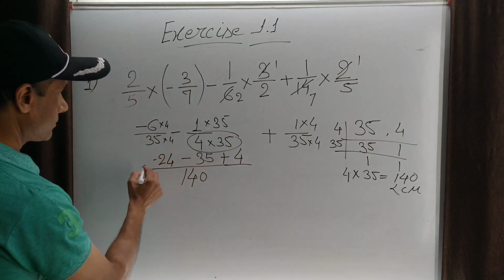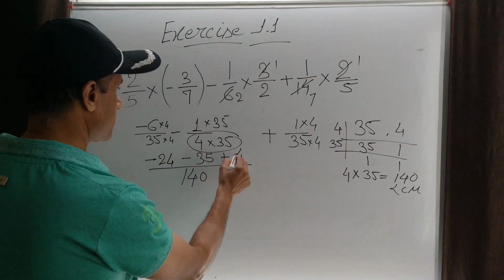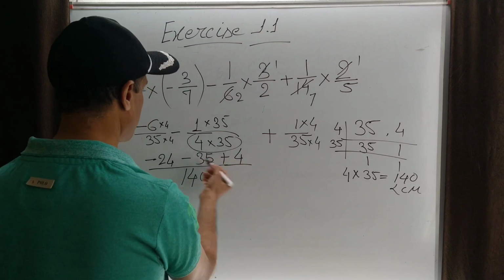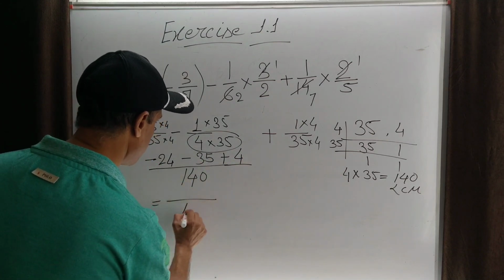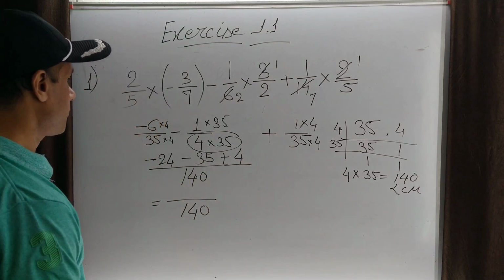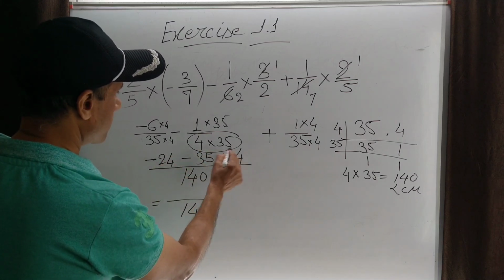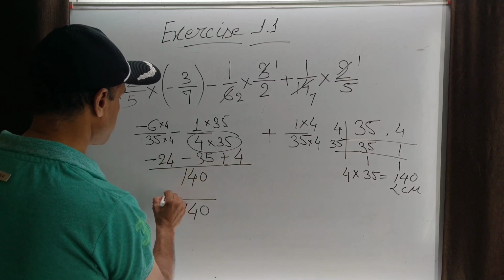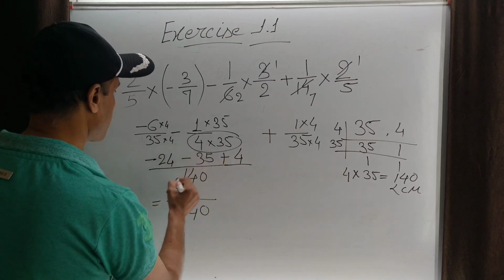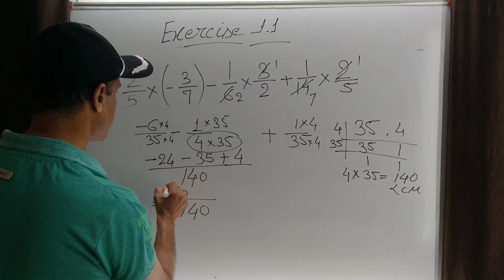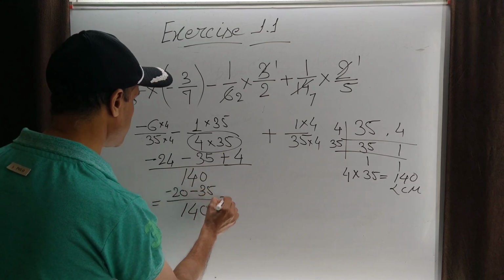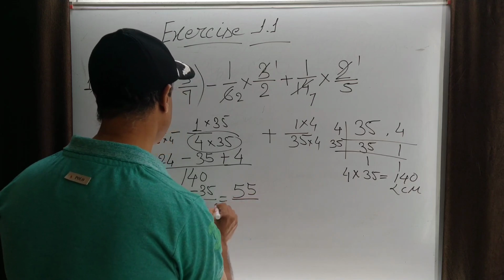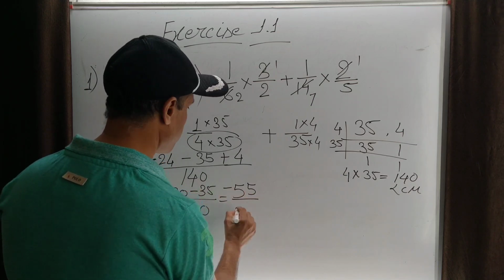Now let's solve. Simple. The denominator is 140, and in the numerator 24, this is positive, this is negative. So how do you solve? This becomes minus 20. 4 minus 24 is minus 20, minus 35. This equals minus 55 divided by 140.